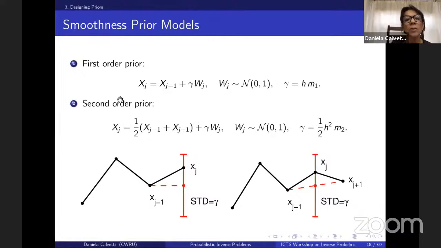And I'm using a model like this. What I can say, with this first order prior, is that x1 cannot be arbitrarily far away from 0 because I have the initial boundary condition that is 0.